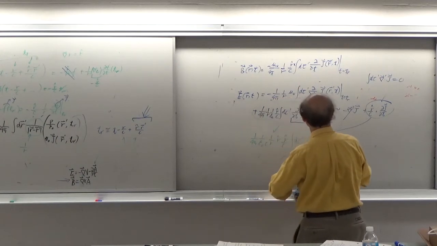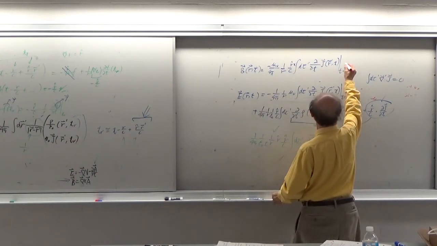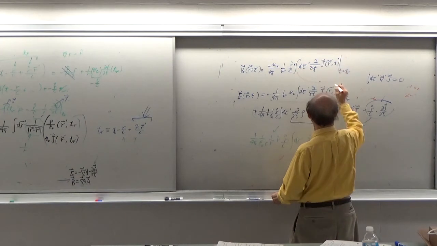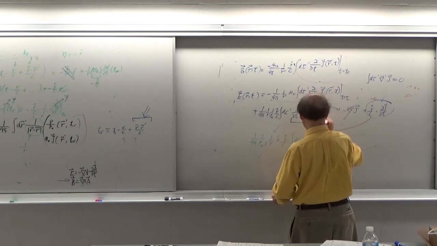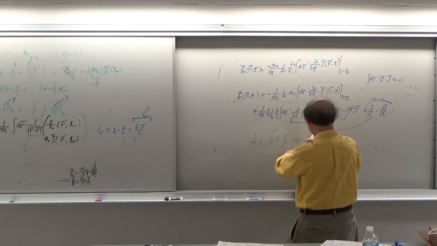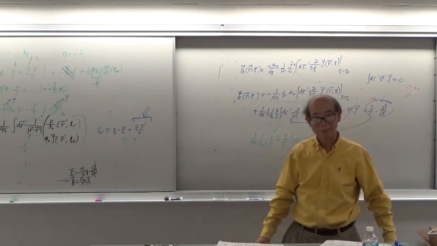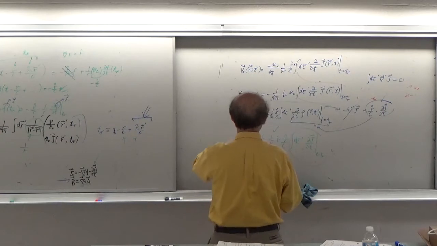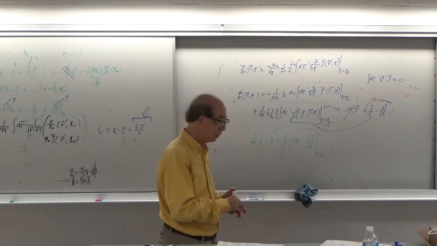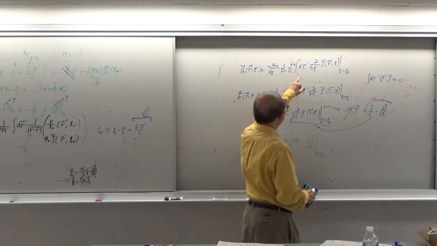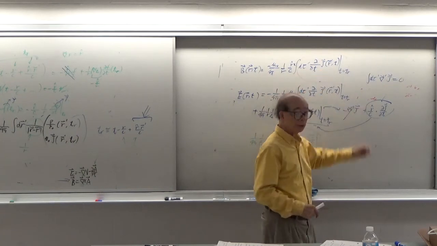So notice, we have this, and now this term is also the same structure. So they all have the same structure, involving the volume integral of the time derivative of the current density.